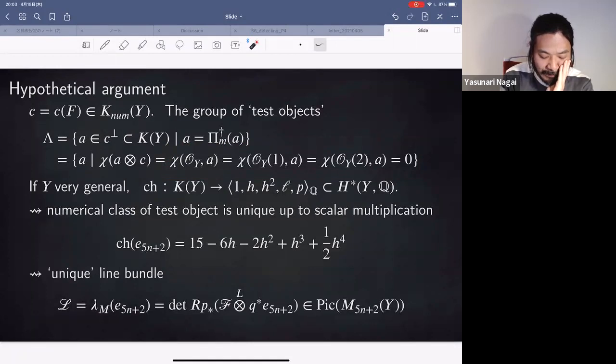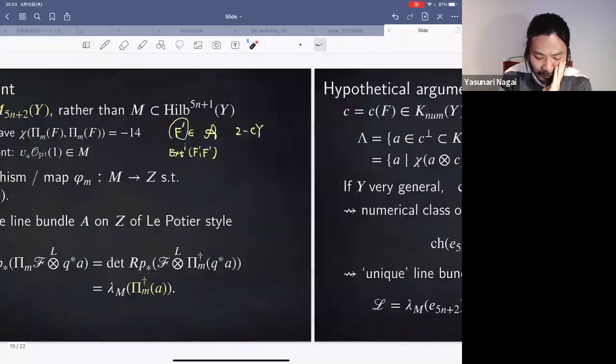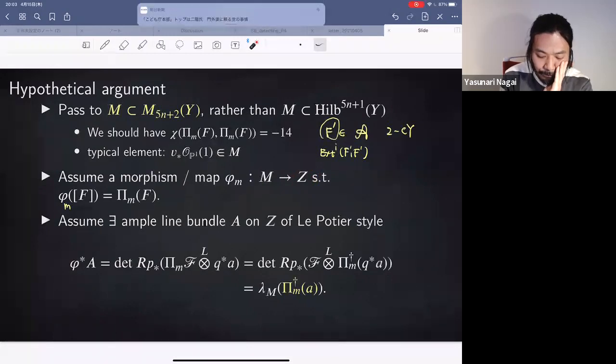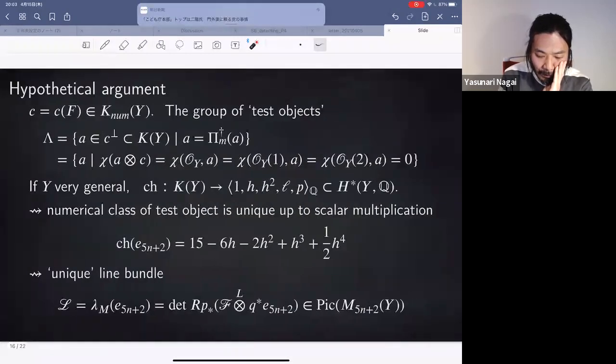So in this hypothetical situation, whenever we take some class from this lambda, we get a determinant line bundle on the target space, I mean, the pullback of the line bundle here.